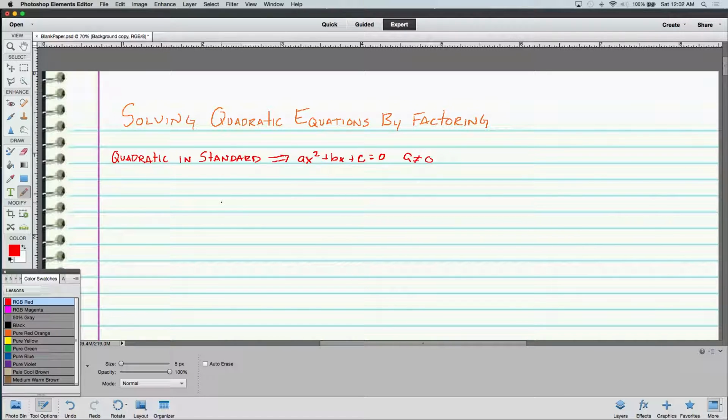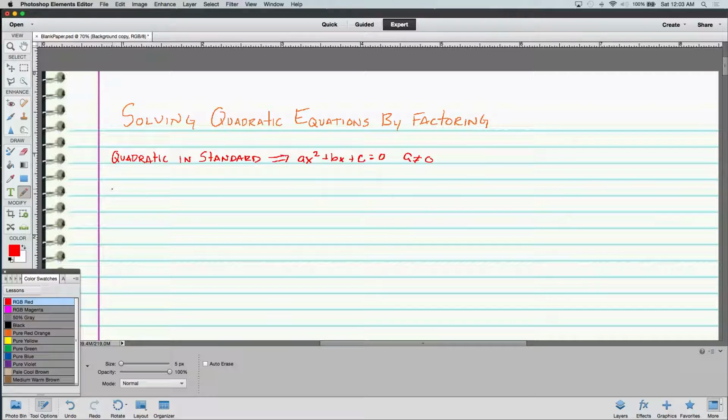Sometimes when we have quadratic problems, we'll have either fractions or the x's on one side or the constants on one side, and we're going to want to put it in this form. The a, b, and c are all going to be constants, and the x is our variable.